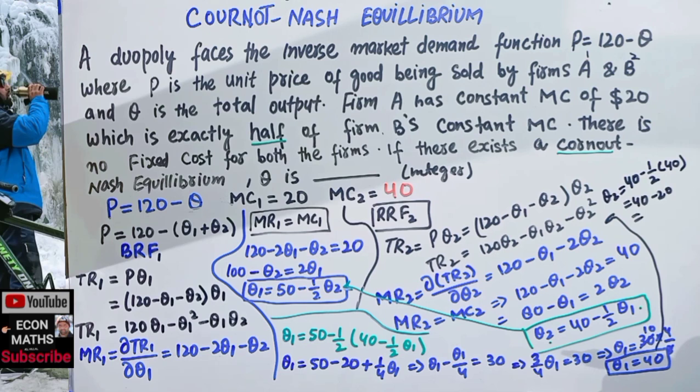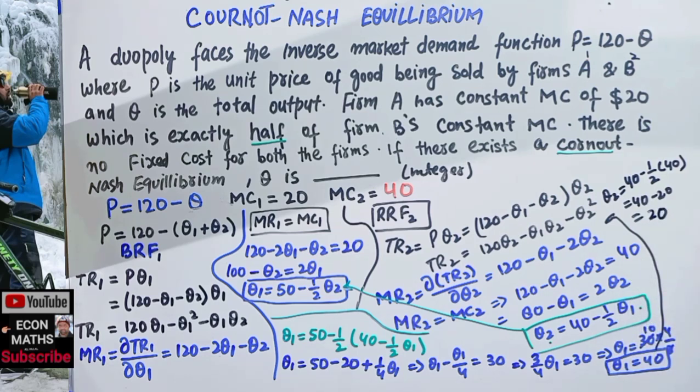Am I doing the calculation right or not? 3 ones are 3, 10 fours are 40. Okay, so Q1 is 40. This is our reaction function. So 40 minus 20 comes out to be 20.